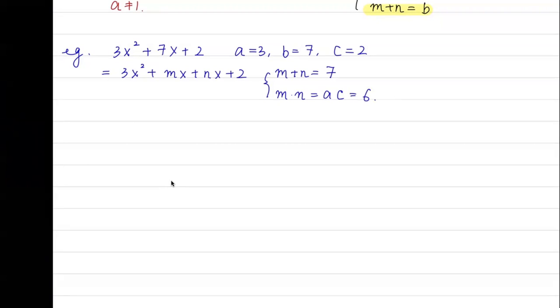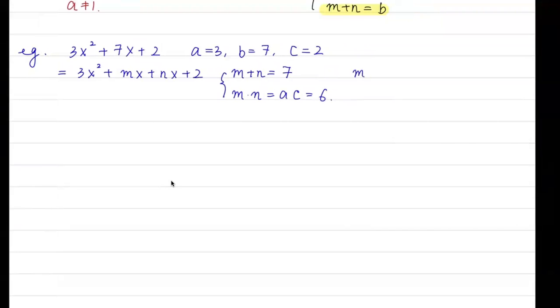So we are looking for two integers that satisfy both conditions: m plus n is equal to 7, m times n is equal to 6. The answer should be quite obvious. The answer should be m is equal to 1, n is equal to 6.